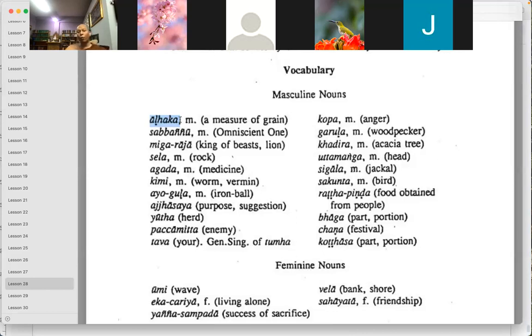And the Sela, rock. Okay, Sela, rock. And the Agada. Agada means medicine. Okay, and the Kimi. So Kimi, worm or vermin, maybe white ants or red ants are also a kind of Kimi.